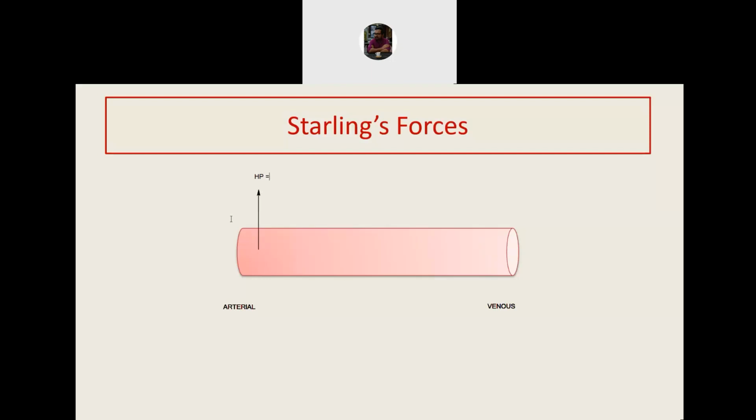In an average capillary, the hydrostatic pressure at the arterial end can be something around 35 millimeter of mercury. This hydrostatic pressure falls to a value of, suppose, 15 millimeter of mercury on the venous end.